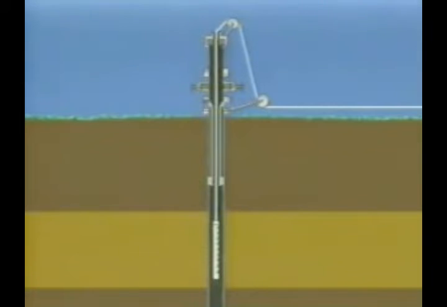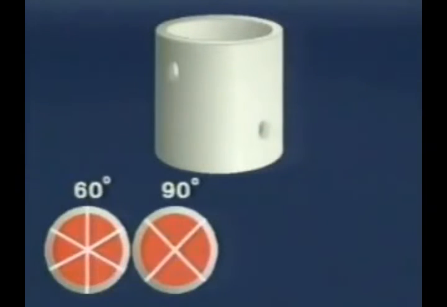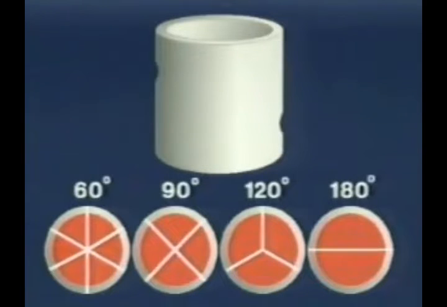In such situations, the gun needs to be positioned against the side of the casing to create a single line of deep perforations. This arrangement, called zero-degree phasing, may introduce an undesirable pressure drop in high-rate wells. Phasing the charges at 60, 90, 120, or 180 degrees would reduce this problem, but at the price of reduced penetration and hole diameter when using through-tubing guns.